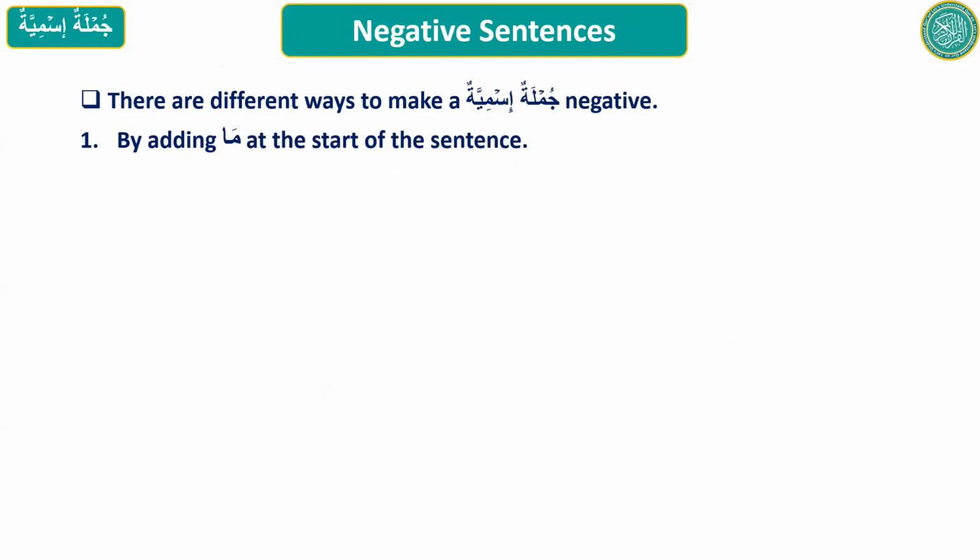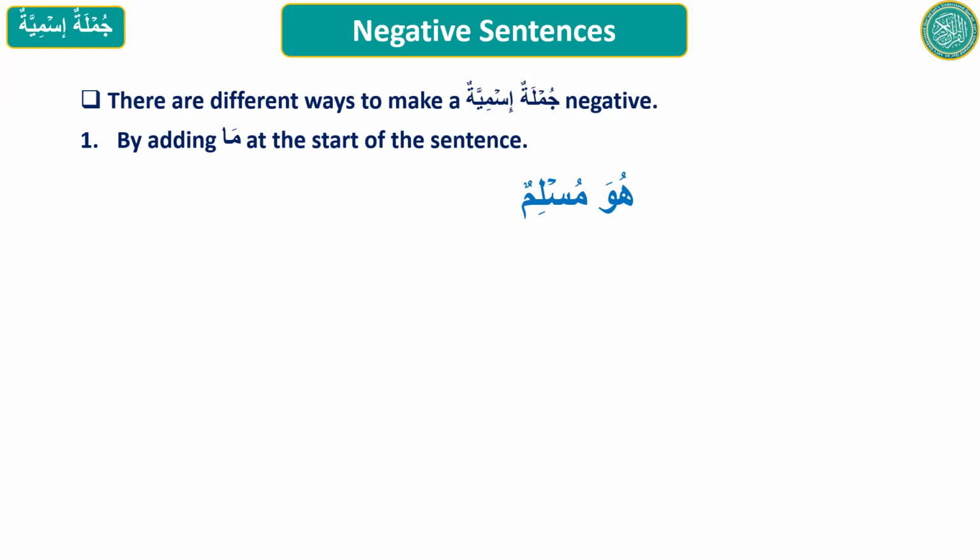First one, the first way to make a jumla ismiya negative, is by adding ma at the start of the sentence. Simple as that. Let's see. Huwa muslimun. This is a jumla ismiya. Huwa is the mubtada.